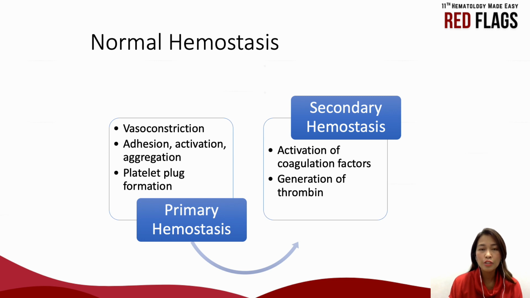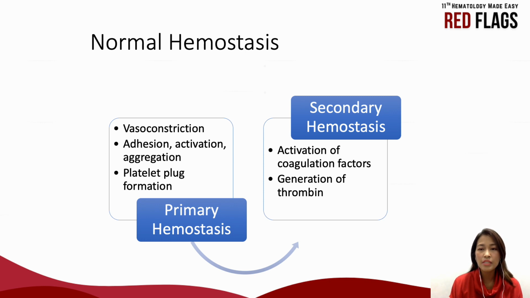However, vascular injury and the resulting disruption of the endothelium trigger the complex hemostatic response, broadly classified into primary and secondary hemostasis. Primary hemostasis will involve mainly the platelets in three stages: adhesion, activation, and aggregation to form the platelet plug. And then, it is on the surface of these aggregated platelets that secondary hemostasis will then take place.